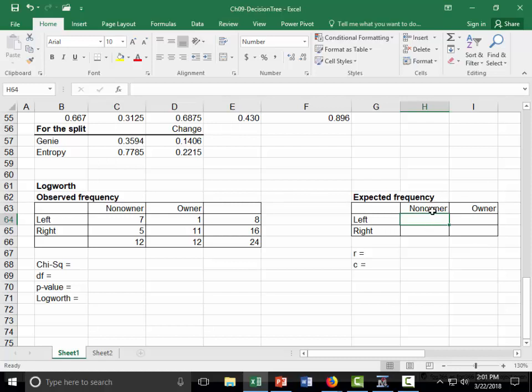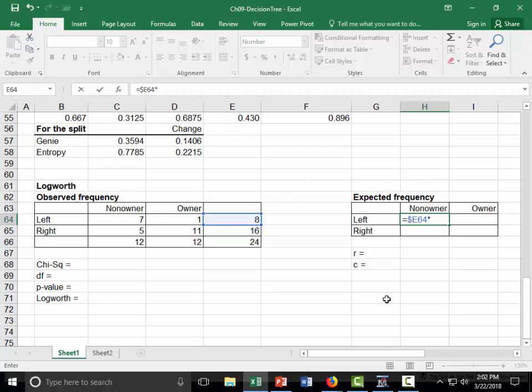The formula for that is, for each cell, the cell belongs to a row and a column, so you take the row total multiplied by the column total divided by the entire total. If you set this up with proper relative frequency, you need to set up only one formula, and then you can copy it. You want this row total to always come from column E, but as you go down, the row should change from 64 to 65.